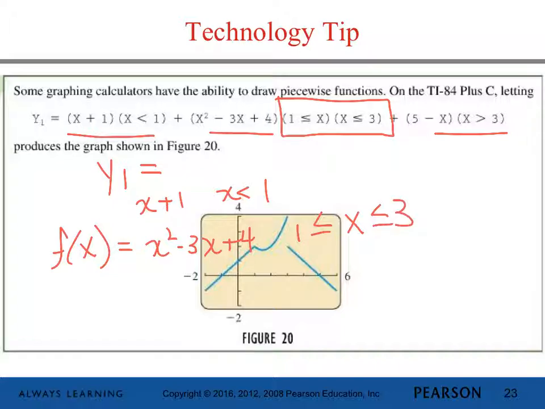And then the rule for x greater than 3 is 5 minus x.